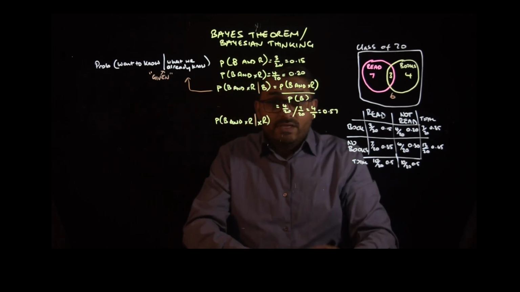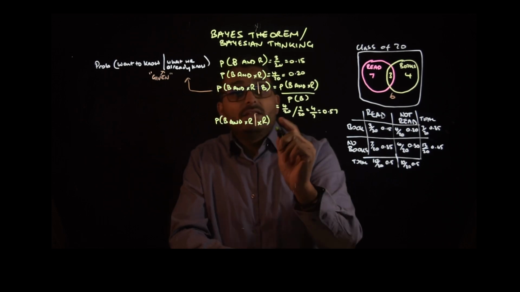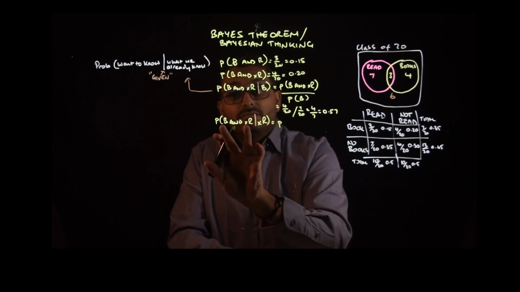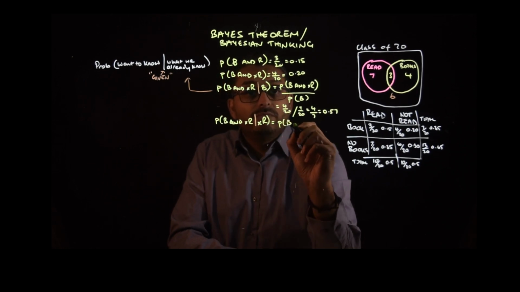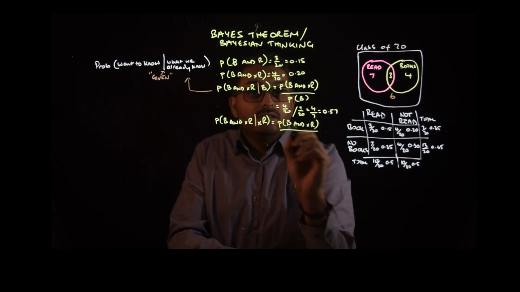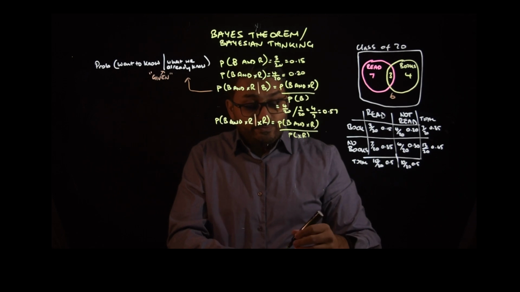So here we're changing something very slightly. Again, this is worked out by putting this portion at the top: own a book, doesn't read, divided by this portion, which is the probability that they don't read.